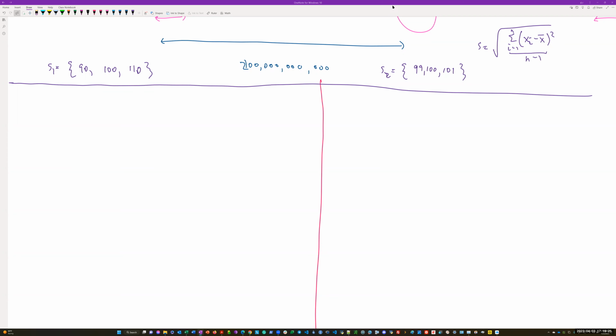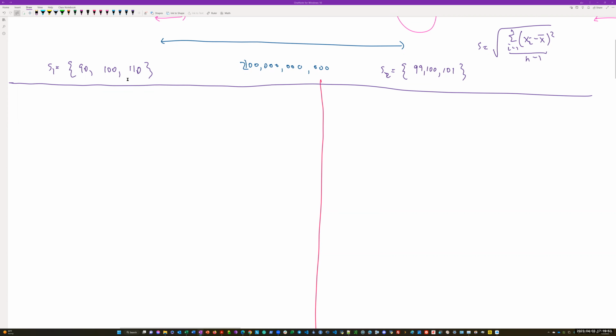Come on, look it up. So what does it mean? It means the average. Is that correct? Don't you remember x bar means average? Okay. So this means the average.